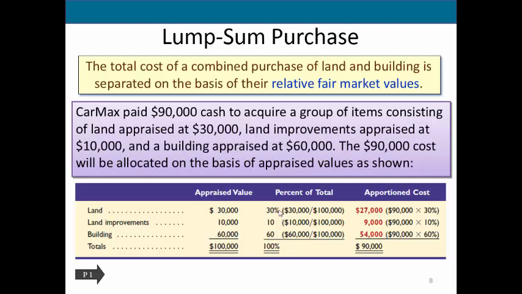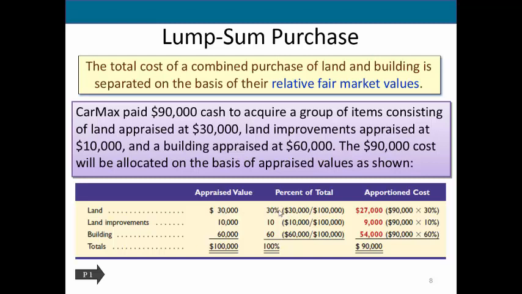And this is very typical when we're talking about the purchase of property, plant, and equipment. A lump sum purchase, another term for this is a basket purchase, meaning you pay one price for a basket of items. This is very common oftentimes when you talk about purchasing a building or a house. When you purchase a building, you may have a purchase price of, say, $100,000.